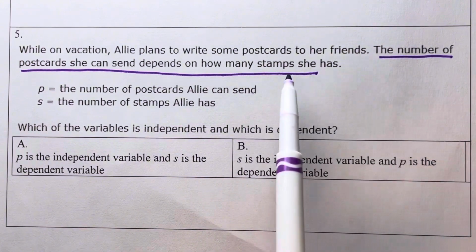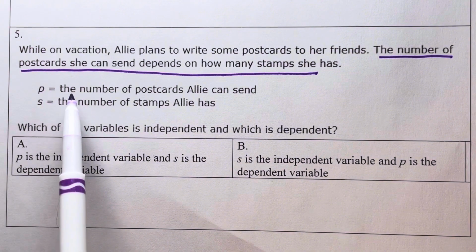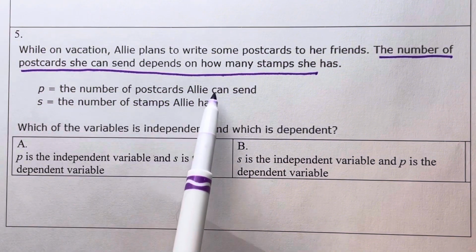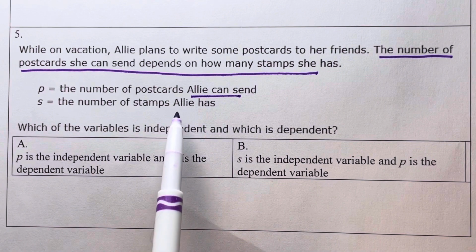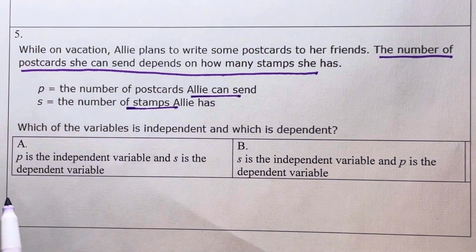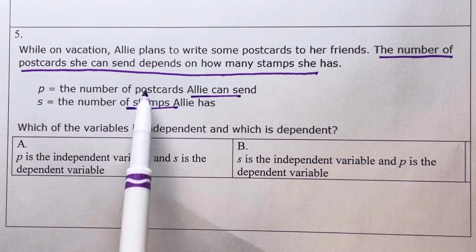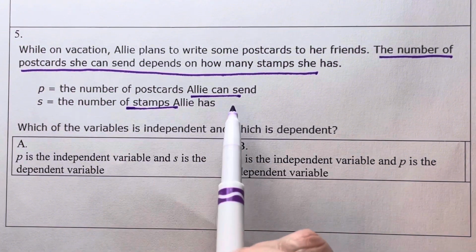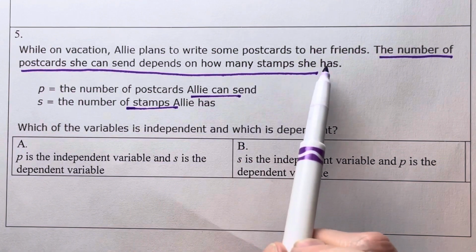So from that piece of information, are we going to say that the number of postcards she can send is caused by the number of stamps she has, or the number of stamps she has causes how many postcards she can send? All right, so we see right here, depends on how many stamps she has.